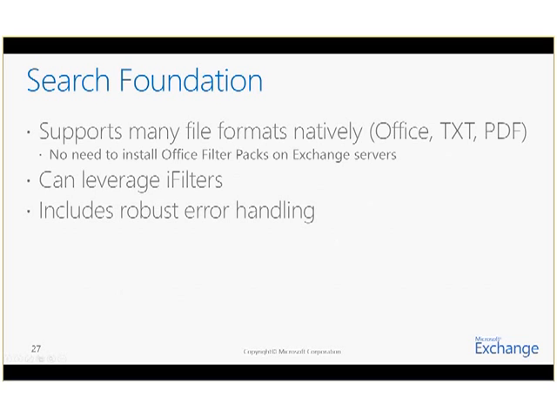Search Foundation can leverage iFilters, so if there are additional third-party file formats that you need to index, and there is an iFilter available for the file format, you can import that into Search Foundation as well and make those files searchable as well. Now finally, Search Foundation also does include very robust error handling. Indexing errors are written to a retry table so that any failed task can be retried automatically by the system.